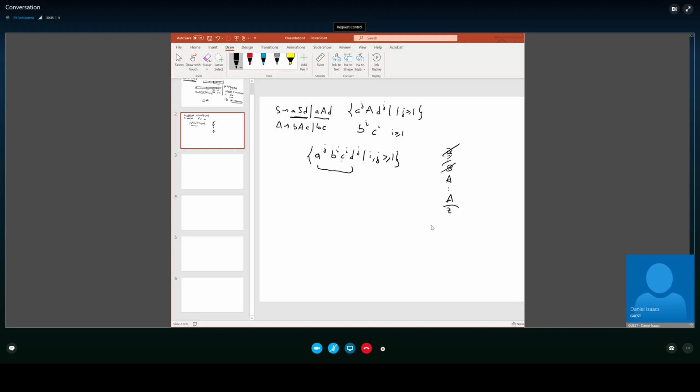We talked about that extensively in class. The first one is accepting by final state, L of P, and the second one is accepting by empty stack, N of P. Okay. So you need to do that for all of them? Yes.